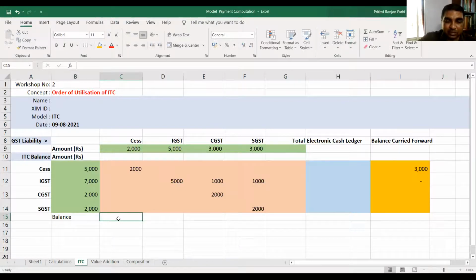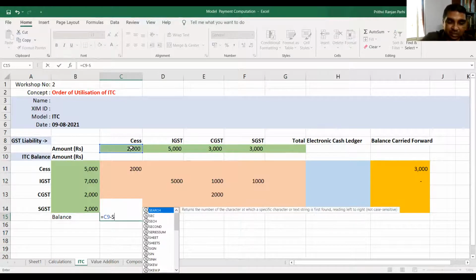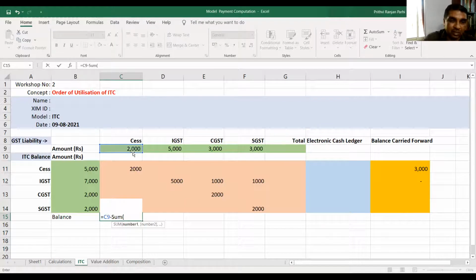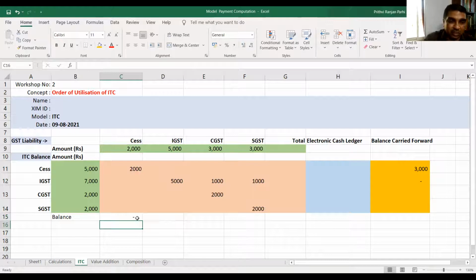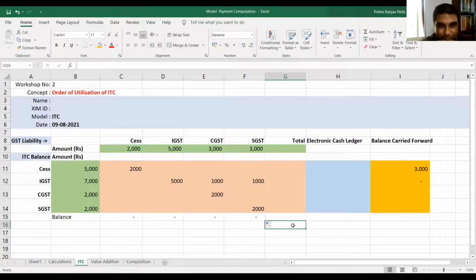Balance amount is how much? This amount minus this. If I put this formula, in all the cases you see everything is paid, nothing is due. Is it not?